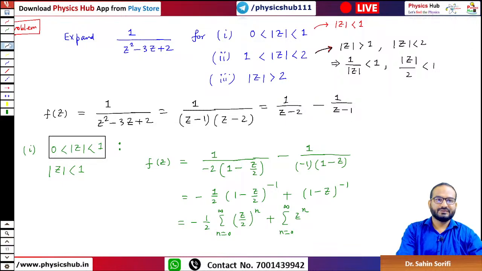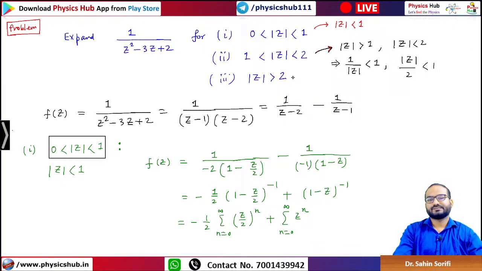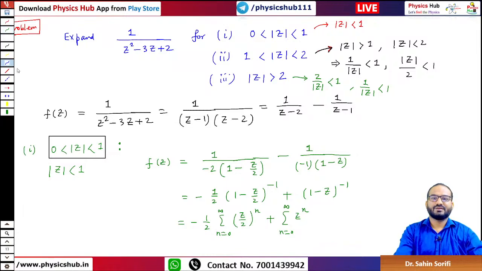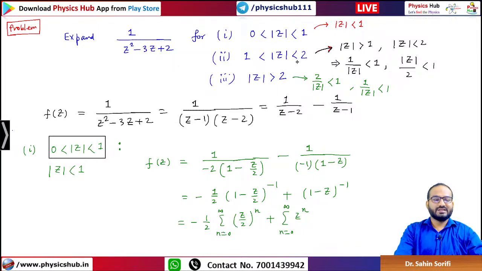And for the third case, you see mod z greater than 2. So we can say that 2 by mod z less than 1. So in the expansion, this thing will come. And mod z greater than 2 means mod z is also greater than 1, so we can also write 1 by mod z less than 1. So let's take up the second case, 1 less than mod z less than 2.